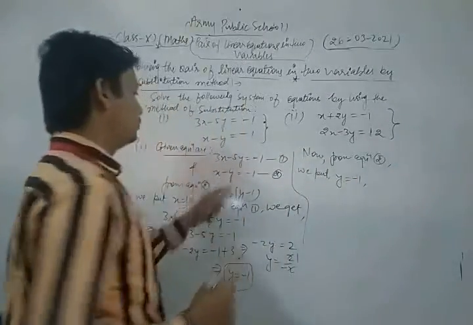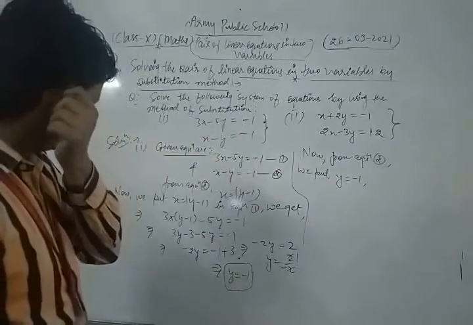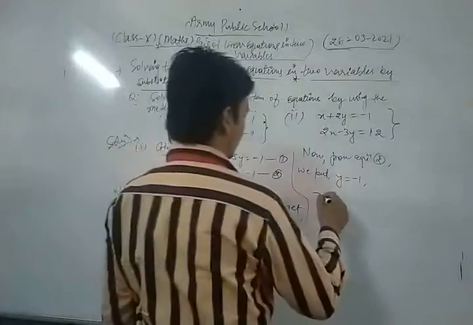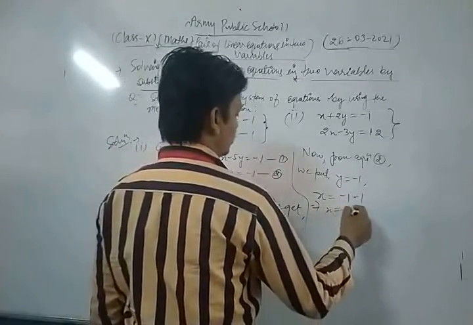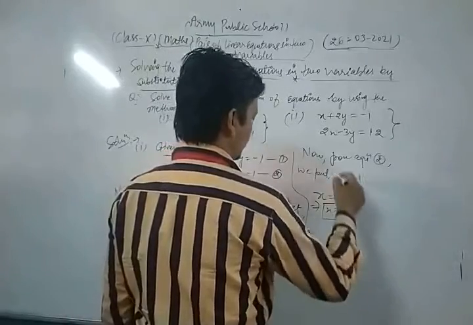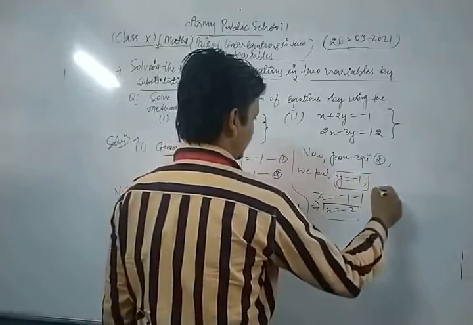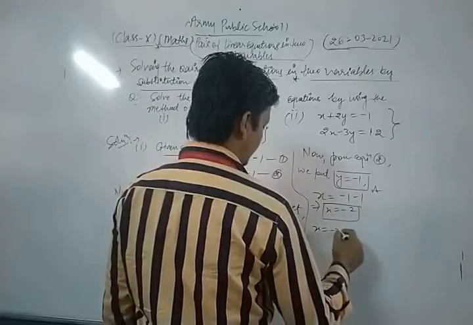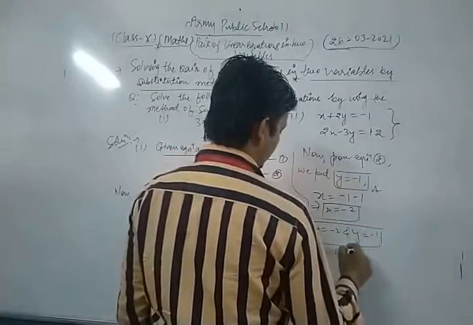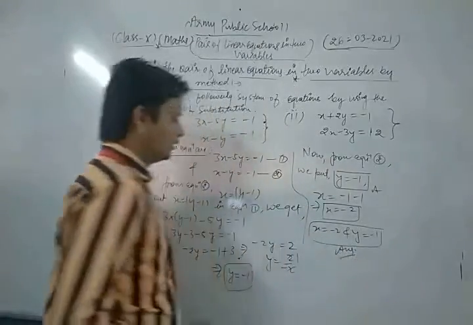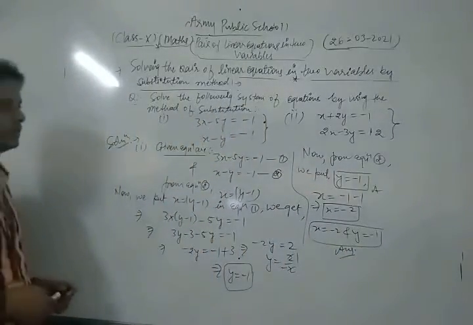So we get x is equal to minus 1 minus 1, and that is x is equal to minus 2. So dear students, in this way the value of x is minus 2 and the value of y is minus 1. This is the required solution of the given pair of linear equations in two variables.